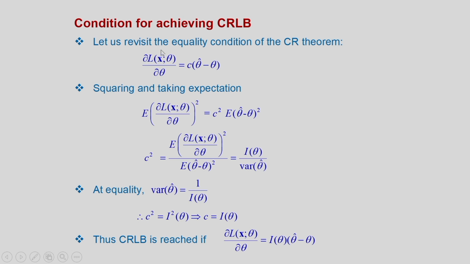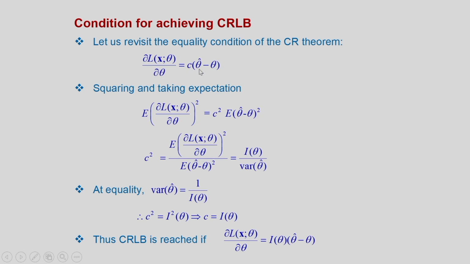Let us revisit the condition for achieving CRLB. We know that for achieving CRLB, we have the equality condition given by del L del theta is equal to C times (theta hat minus theta). We square this and take the expectation of both sides. Then we get that E of (del L del theta) whole square is equal to C square times E of (theta hat minus theta) whole square.